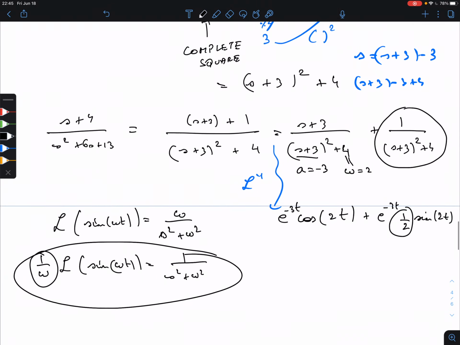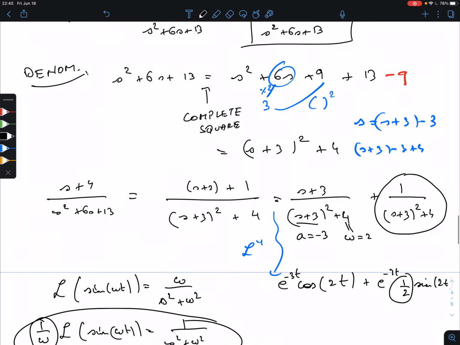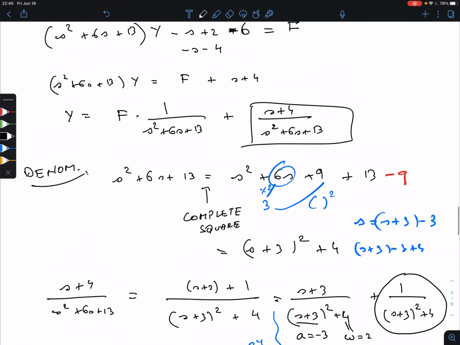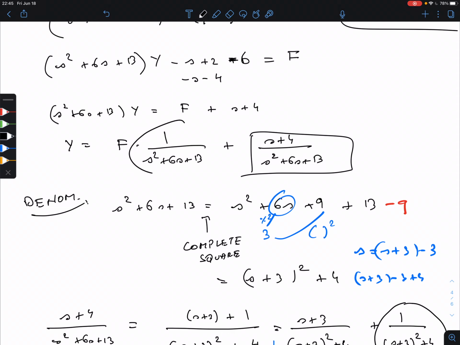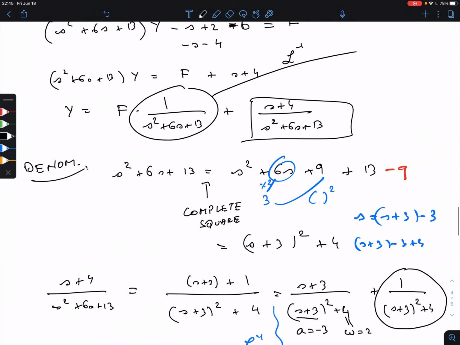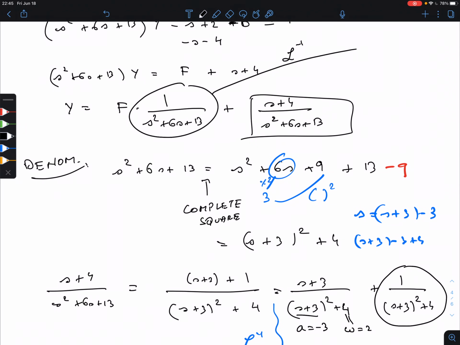Okay, that's that. And we also need the inverse Laplace of this guy, right? What is the inverse Laplace there? Well, it's the same thing. It's the sine, right? Remember, we have now factored this thing, so let me write these factorizations here that we actually have, then it's clear what I'm doing.